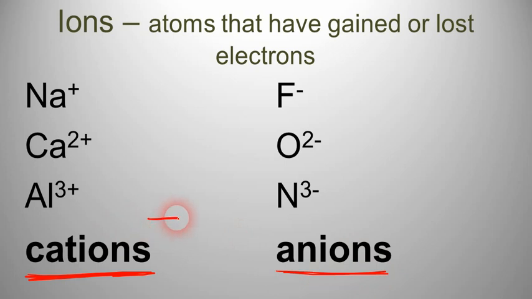And so cations are positive, anions are negative. Now sometimes students remember that cations are positive by just looking at the word cation. And if you write it like this, you might notice that the word cation seems to have a plus sign kind of hidden in it right there. So maybe that can help you remember that cations are positive.